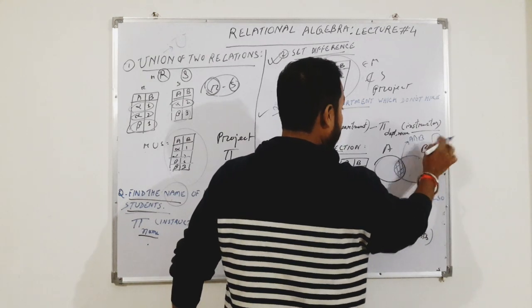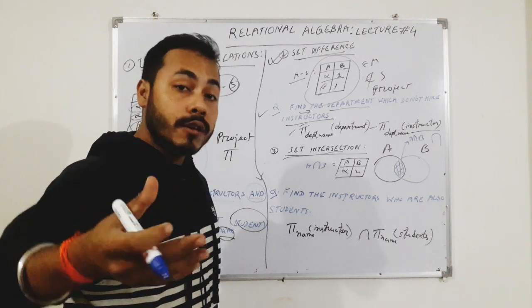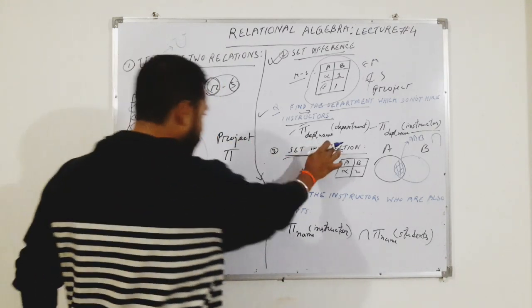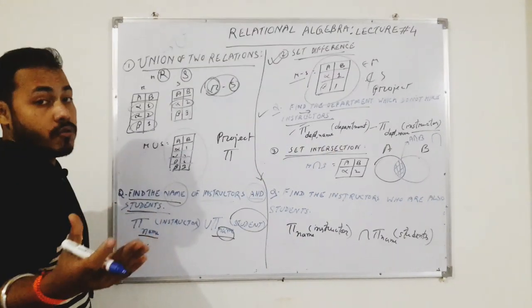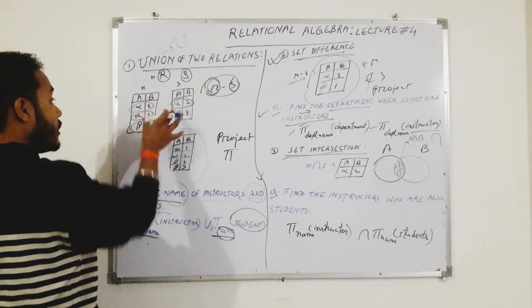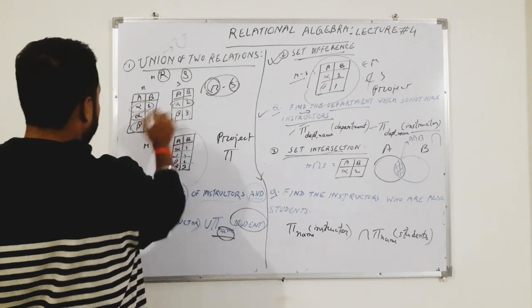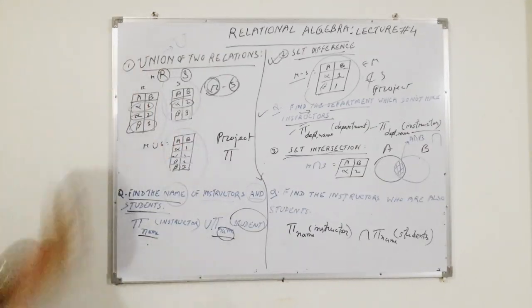Those tuples which are common in both the sets. Similarly here, intersection of two relations R and S will contain only those tuples which are present in both the relations.